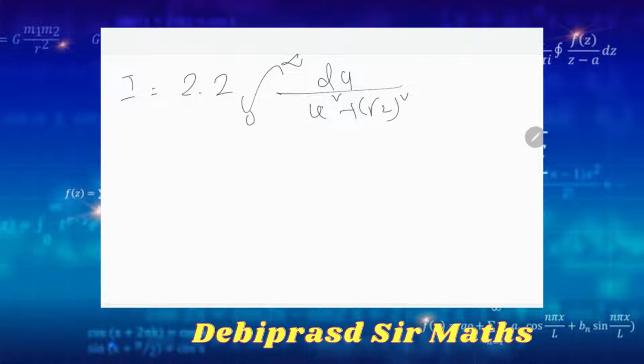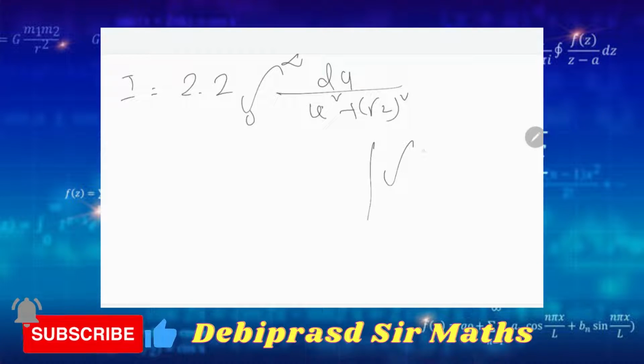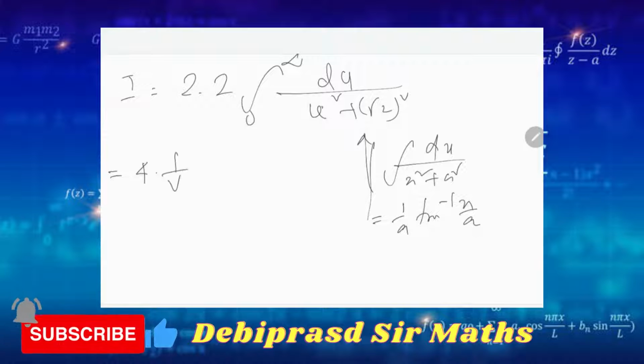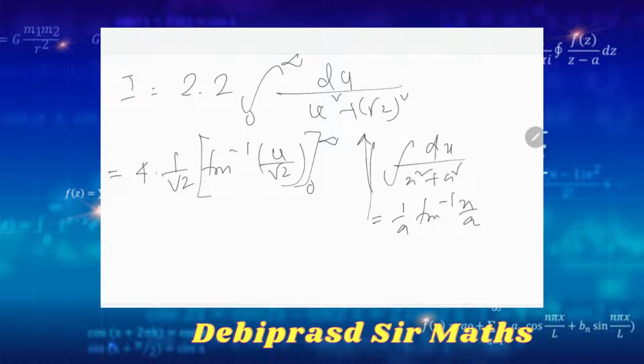Here I will use the formula dx by x square plus a square equals 1 by a tan inverse x by a. That formula we are going to use here. So this is 4 times 1 by root 2 tan inverse of u by root 2, whole from 0 to infinity.